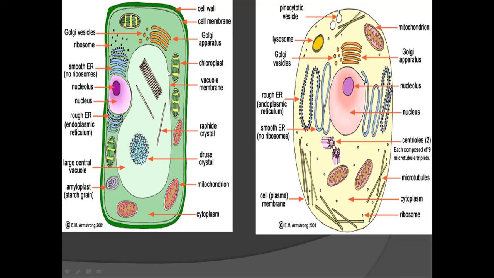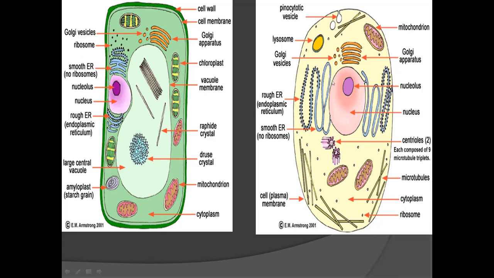In plant cell we find a green organelle, that is chloroplast. The organelles that give green color to the plant leaf, and also it helps in the photosynthesis. So these organelles are present in plant cell, but we don't find such organelles in the animal cell.